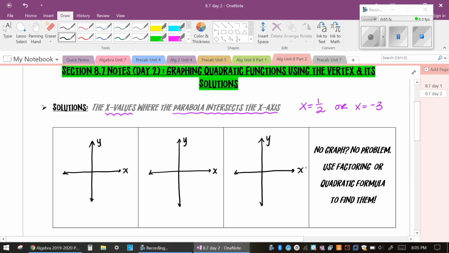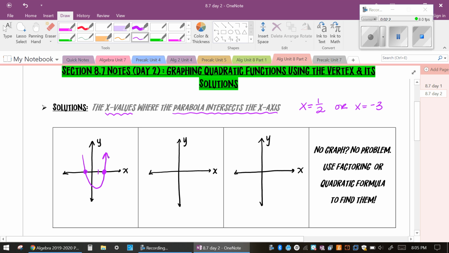There are three things that can happen when you're graphing a parabola. Your parabola might hit the x-axis twice. It can open up or it can open down. So let's say that your parabola intersects the x-axis at -1 and 2, and this parabola opens up.